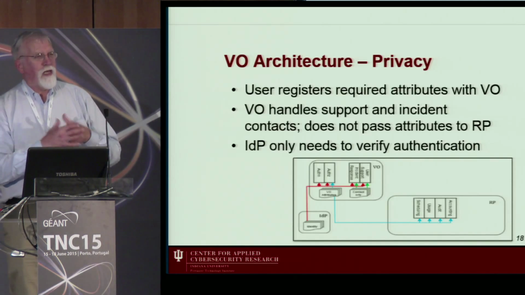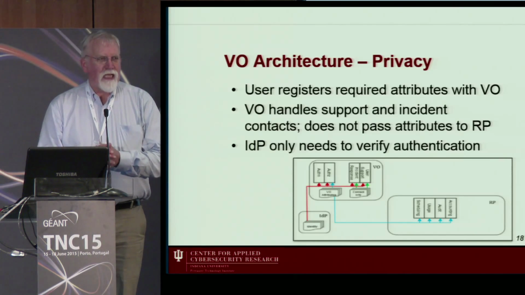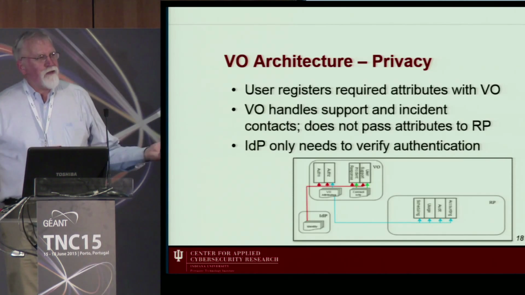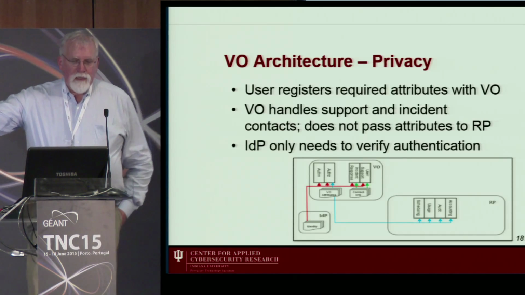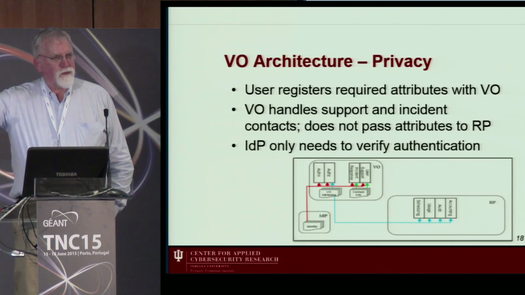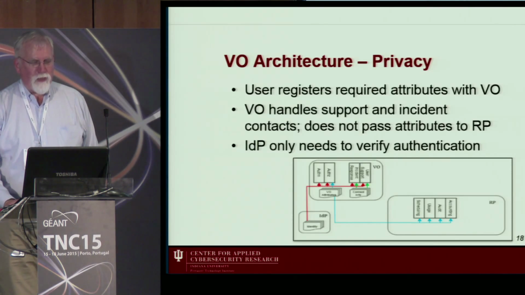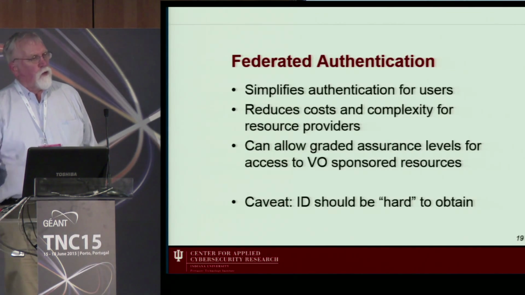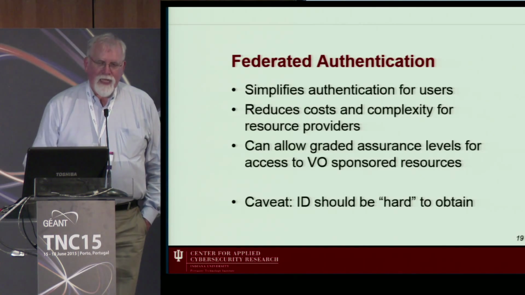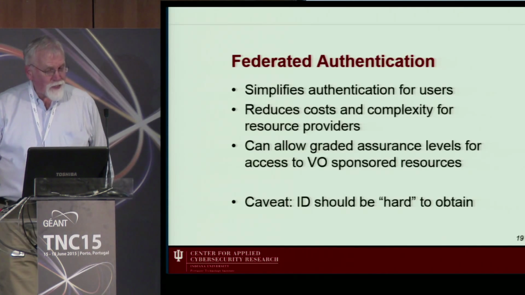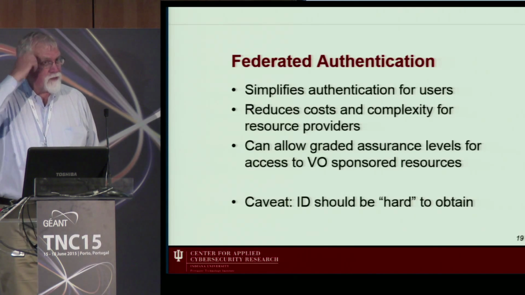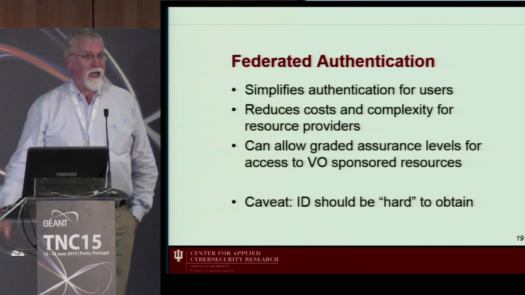The VO handles the support and incident contacts and doesn't pass the attributes on to the resource provider. The VO takes care of all that. So assume that we can do that. We have the federated authentication, which simplifies authentication for users and reduces cost and complexity for resource providers because now they don't have to do that.